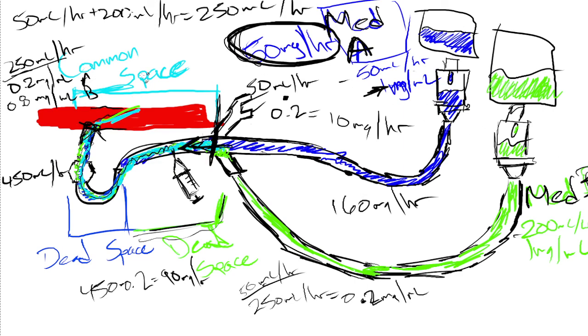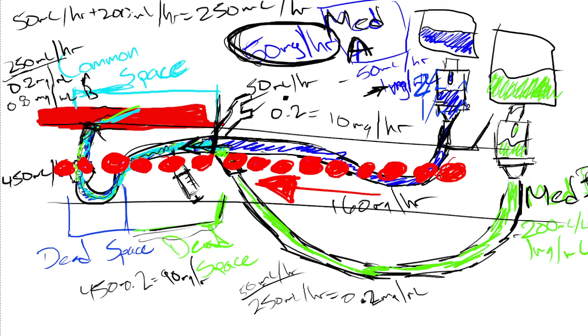So that common space is our big area. So I'll just write this down on another one. Let me clear all these just to make this nice and pretty. So we have our line, and we have, in this case, our patient. We have our first one here. Next one.